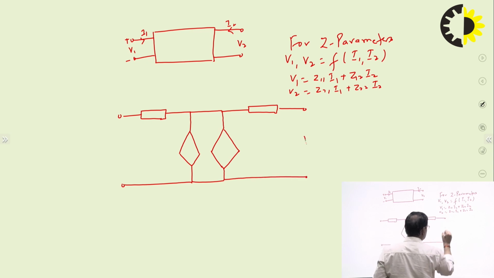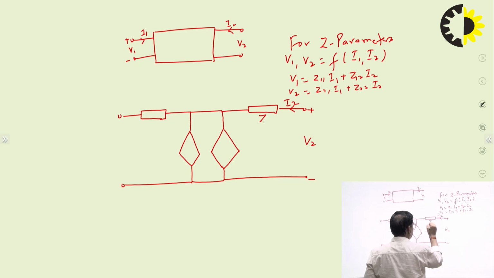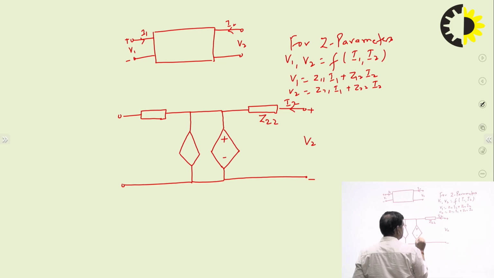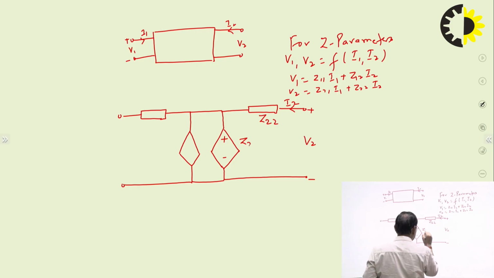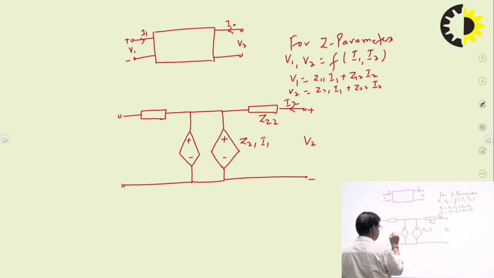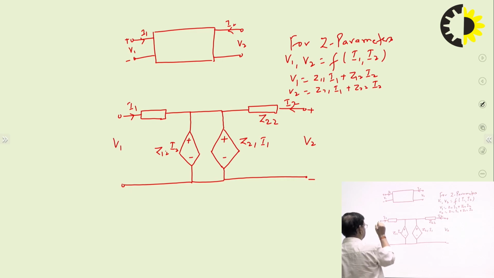So this is your V2, this is your I2, this is plus, minus, this is your Z22, this is Z21 I1, this is your Z12 I2, this is your I1, and this is your V1.